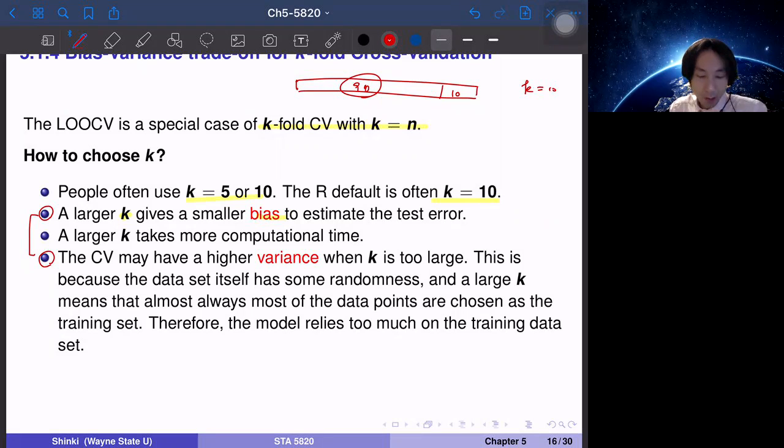So the larger K means that we have a larger training set, so we train it well. So bias is small, but variance is large. But largely we can ignore this for usual regression analysis. The point is that larger K takes more time, and that is one point.